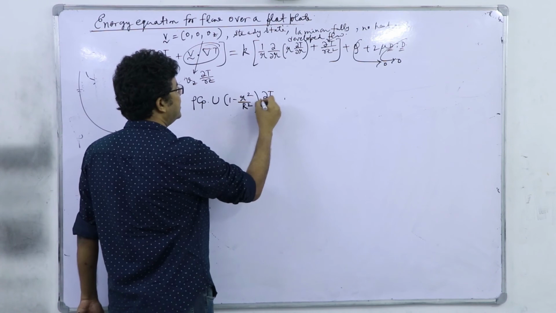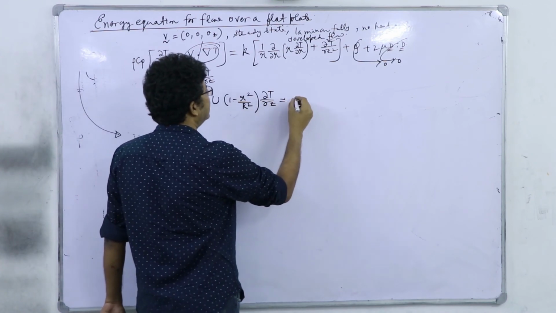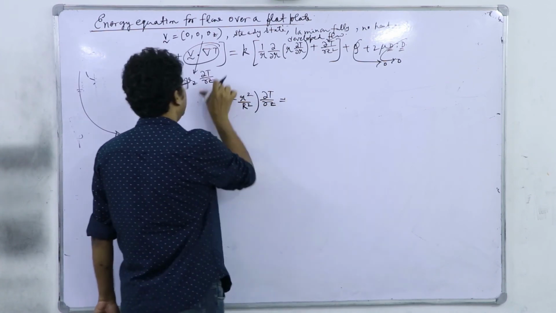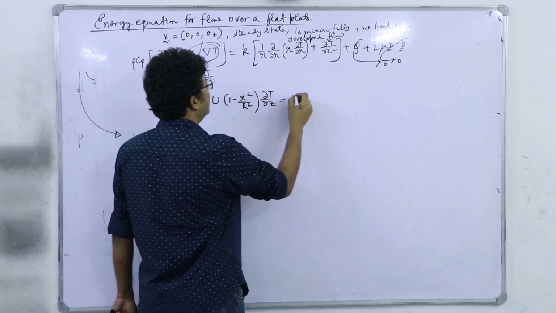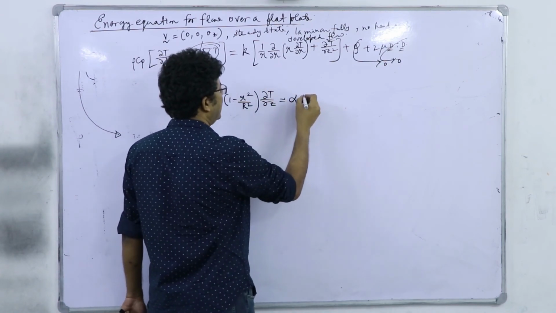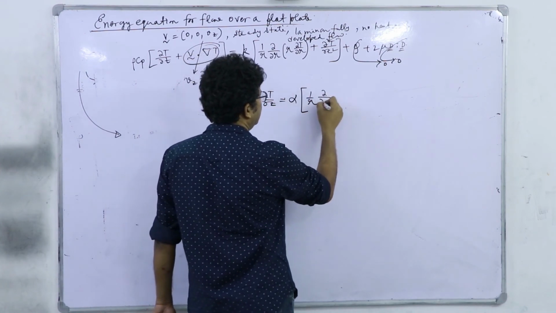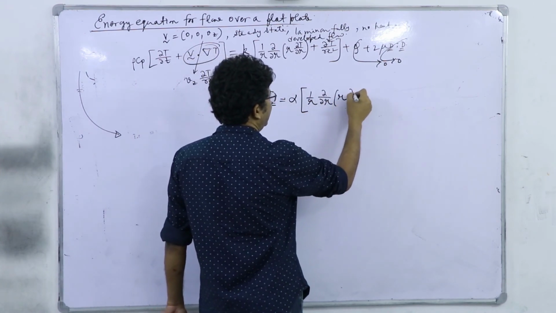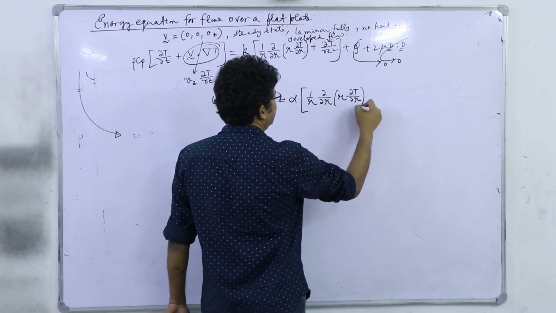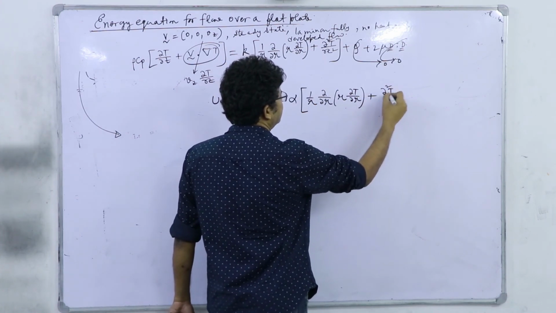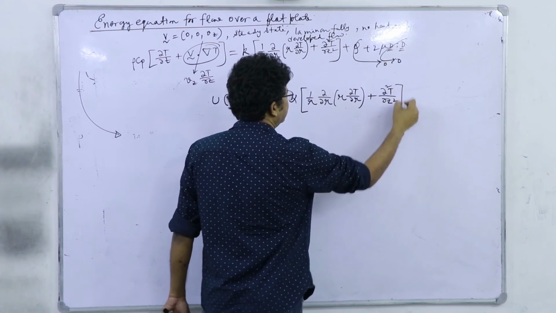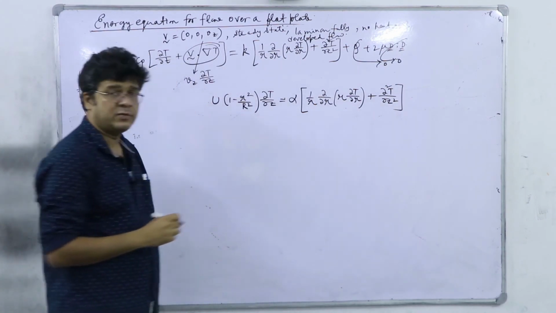That's also dependent. Del T del z is equal to k divided by rho Cp, which is alpha, into 1 by r del r of r del T del r plus del square T del z square. So that's the final equation.